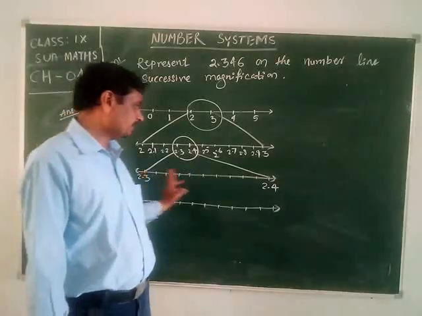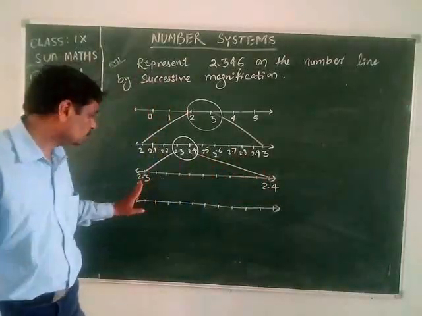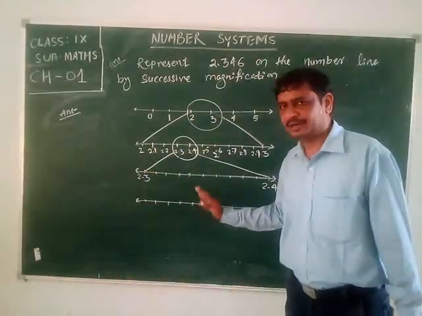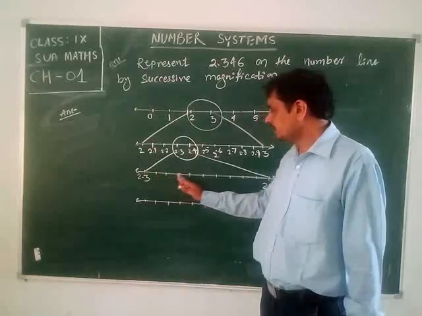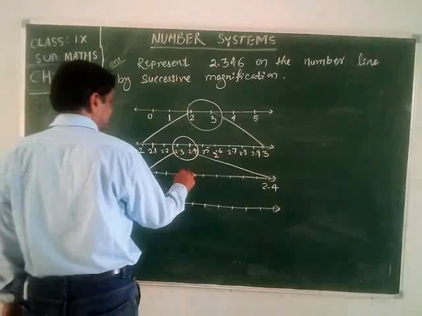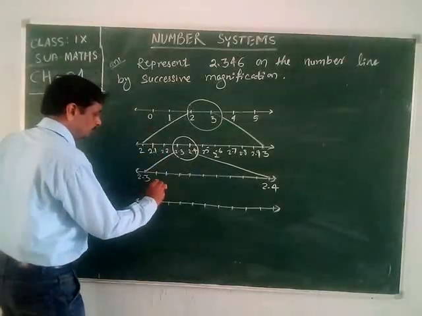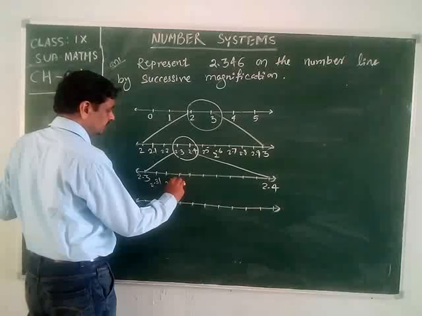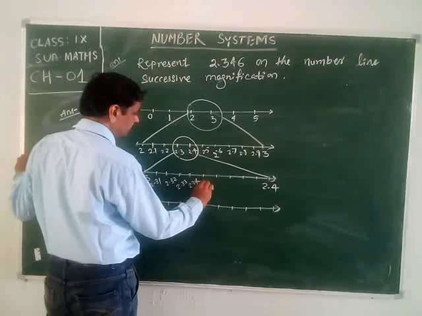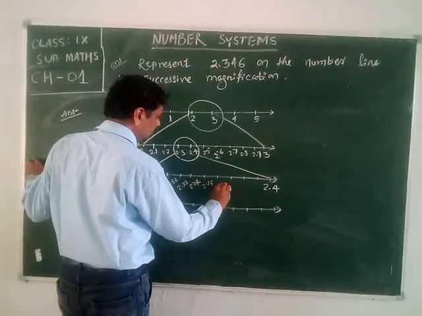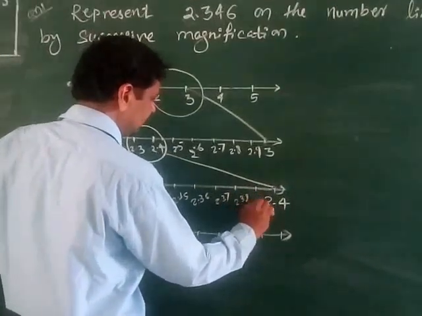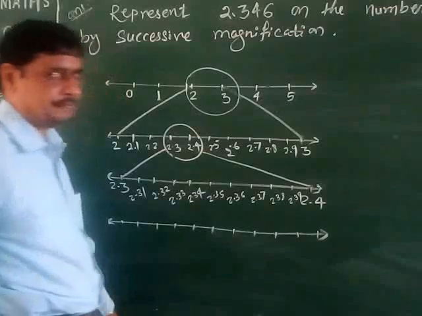Now the line segment for 2.3 and 2.4 will be divided into 10 parts. Here we marked at different places which show 2.31, 2.32, 2.33, 2.34, 2.35, 2.36, 2.37, 2.38, 2.39.